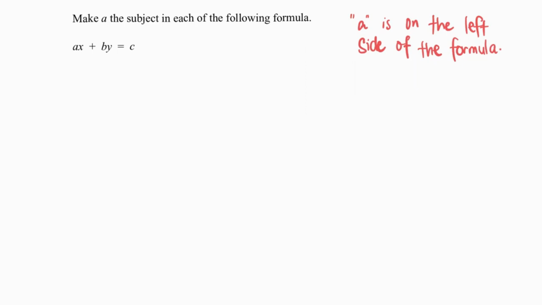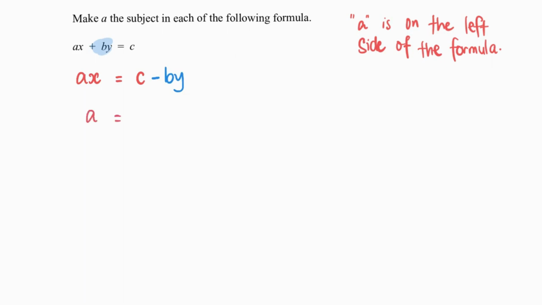So I see that the BY doesn't have the variable A, so the very first step is to have AX equals to, I'm going to minus BY on both sides, so that I will be left with C minus BY. After which, I see that this is A times X, so I'm going to divide by X on both sides.